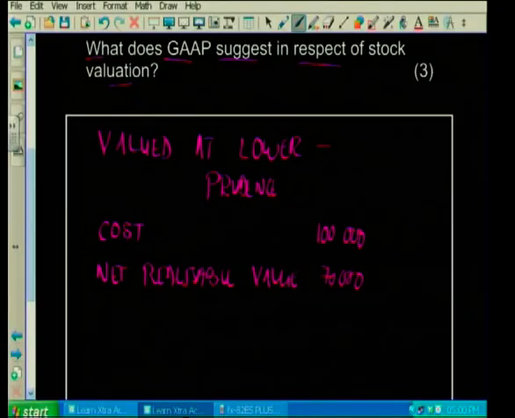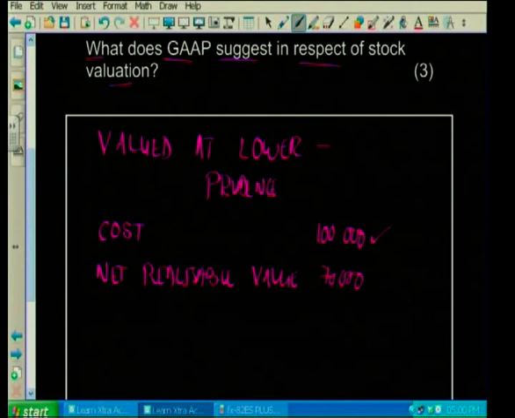Let's take an example. You have goods in your business that have cost you 100,000. Due to technological advances, that stock now is only worth 70,000. At what value are you going to attach to those goods? Are you still going to value those goods at 100,000?